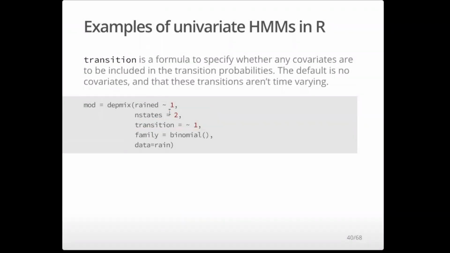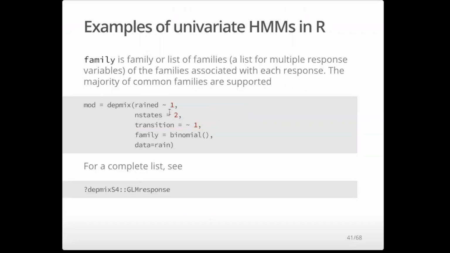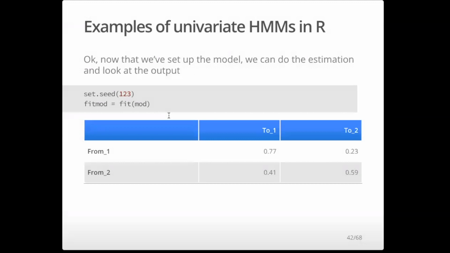We stepped through this. Covariates, not time varying. There's a lot of families, as I said. And so when we fit this model, as I was talking about, one of the quantities of interest in an HMM are these gamma, these transition probabilities.